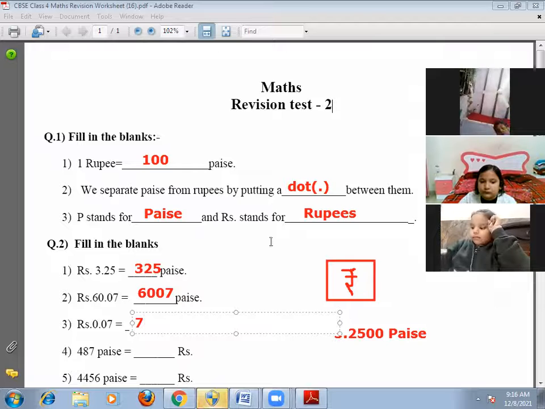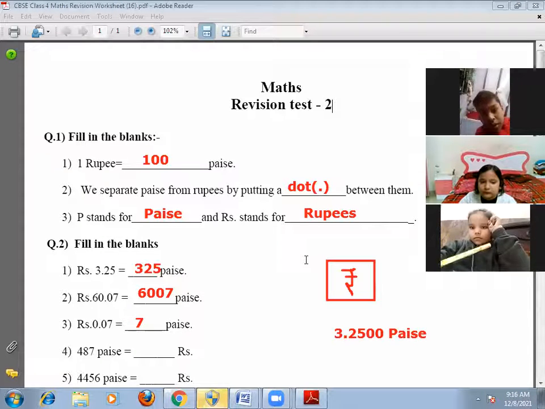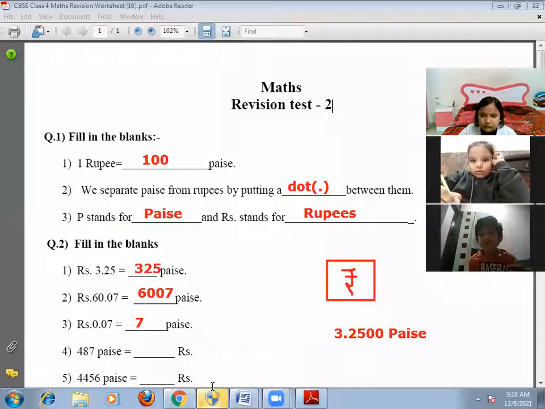So this will be 7 paise only. 007 or 7 means the same. You can write down 00 over here, that will also get the same marks. But the correct way of writing is that it is 7 paisa only. Is it clear? Yes, ma'am.